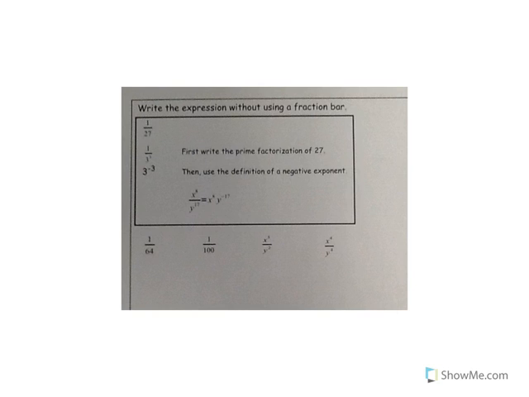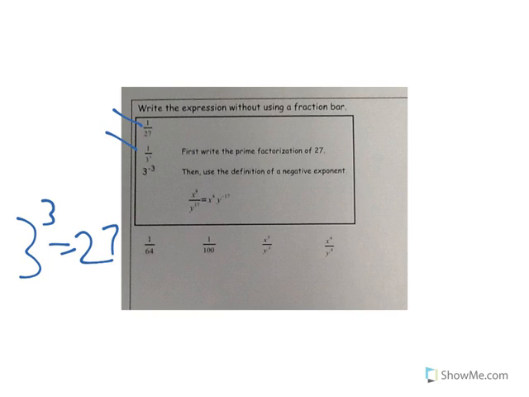Now you can go ahead and write this expression using a negative power. If you have here 1 over 27, that's the same as, if you remember, 3 to the third power is equal to 27. But you're no longer doing it as 3 to the third power, because 3 to the third power is on the bottom.